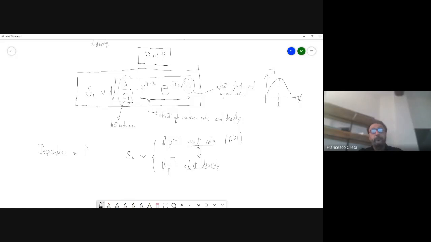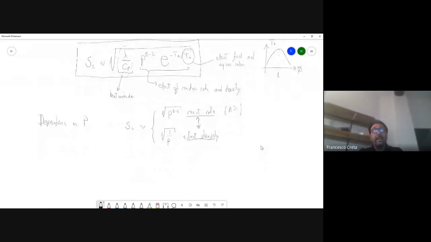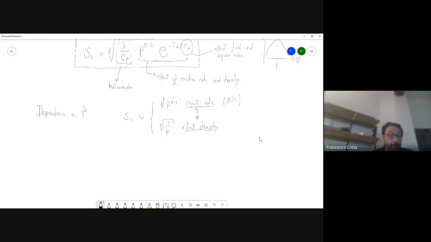Which of the two wins? Well, the net effect, as you can see, is P to the n minus 2, the net effect of the density and reaction rate.